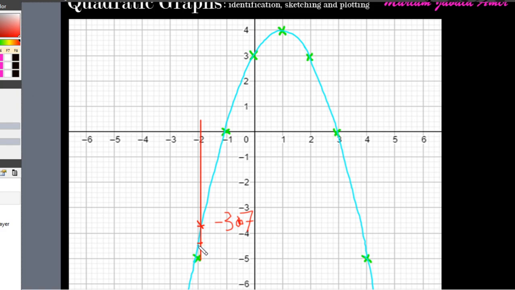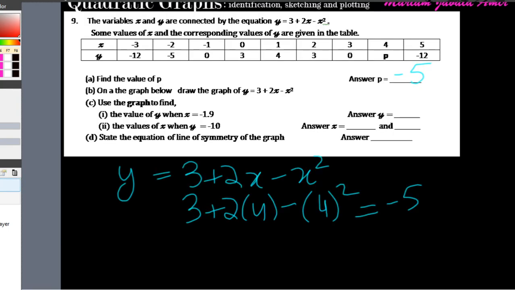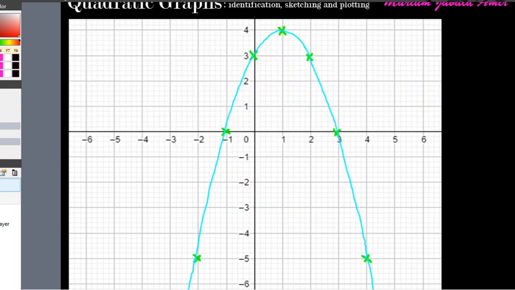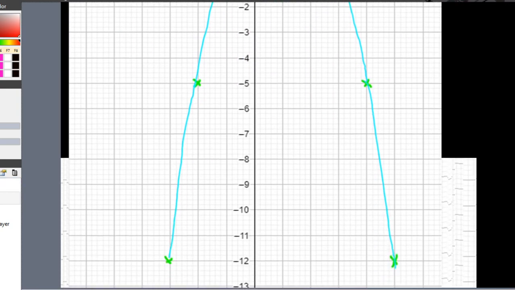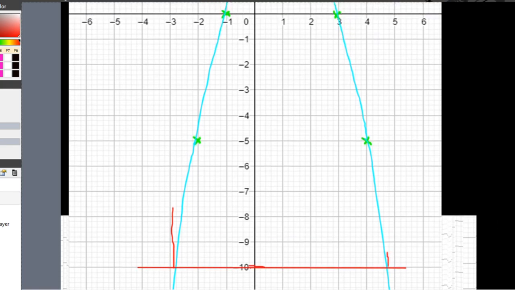Alright, for the next part we have to find the value of x when y is -10. So going back to the graph, where is y equals -10? It's here. Make a straight line over here and see where it's cutting your x-axis. So it's cutting here and here. I'll go check these particular values.